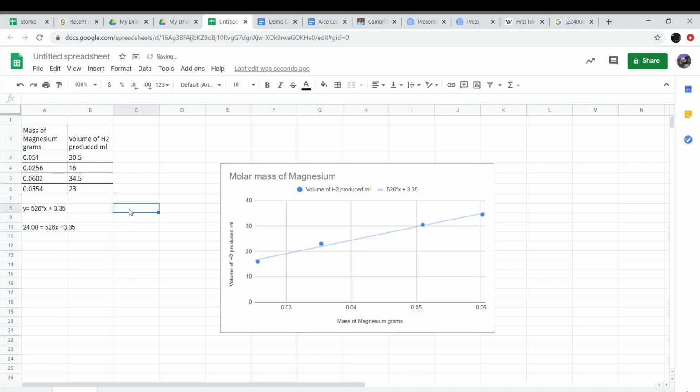Okay? And now this looks like an algebra problem. Okay? So that means that we can treat it as such. We can say, oh, okay, well, this is 24.00 minus 3.35, and all of that is divided by 526.